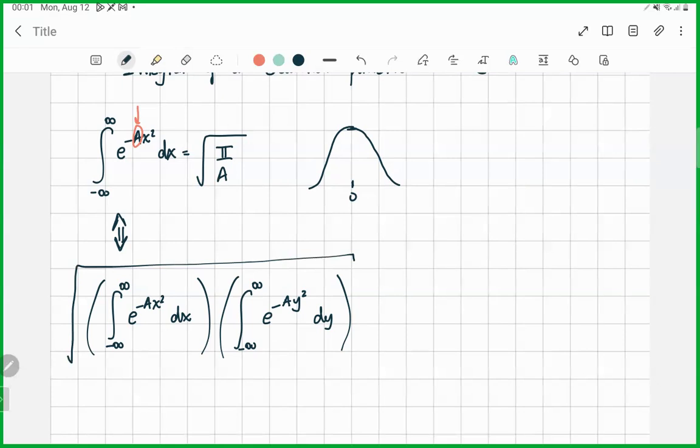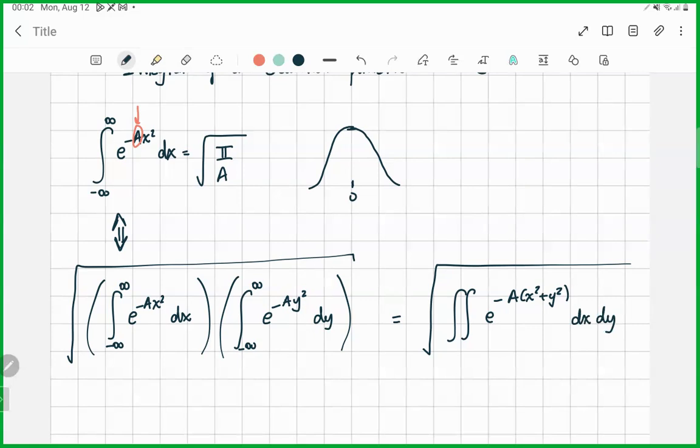Well, what is the advantage of doing this? I can write this as follows. It's a square root. I cannot forget that there is a square root in this story. But now I have two integrals in x and y, with x squared plus y squared, dx dy.